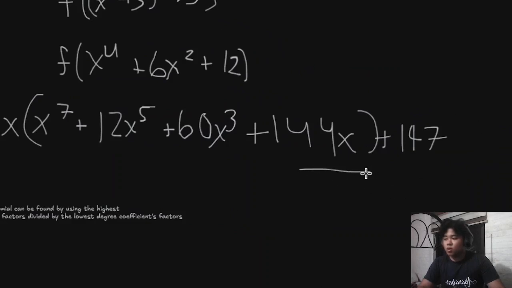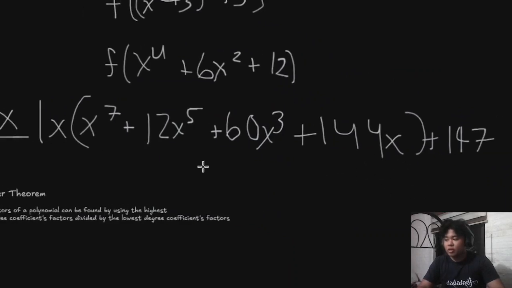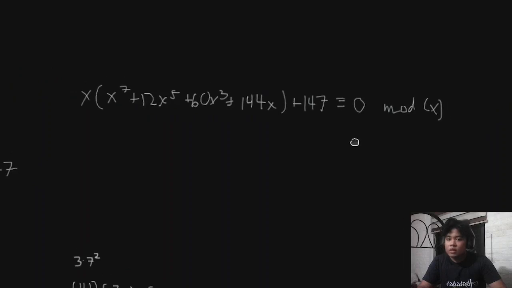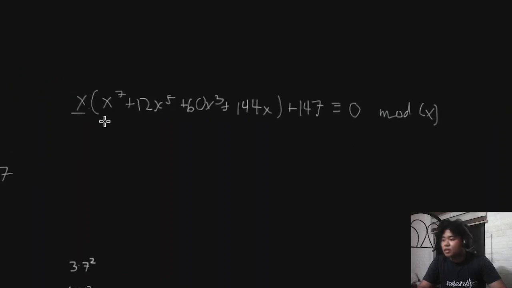So now, when we're trying to find x, we have to find where we can divide this by x and it will leave a remainder of 0. It must be equal to 0 so that we can say that this expression is divisible by x.